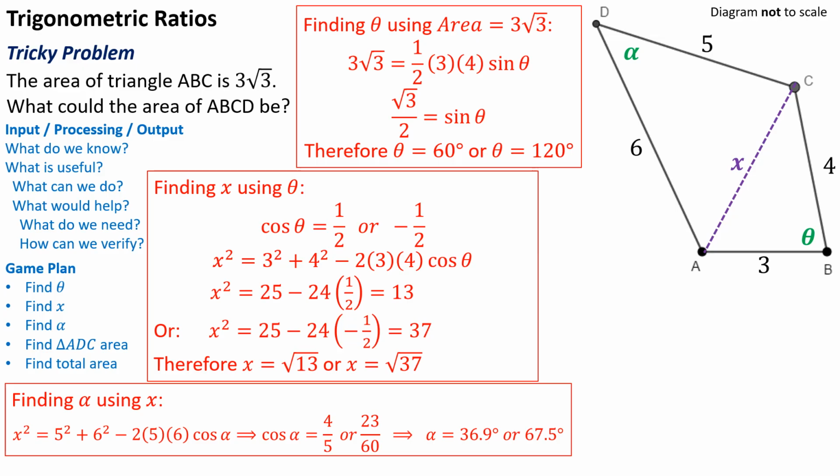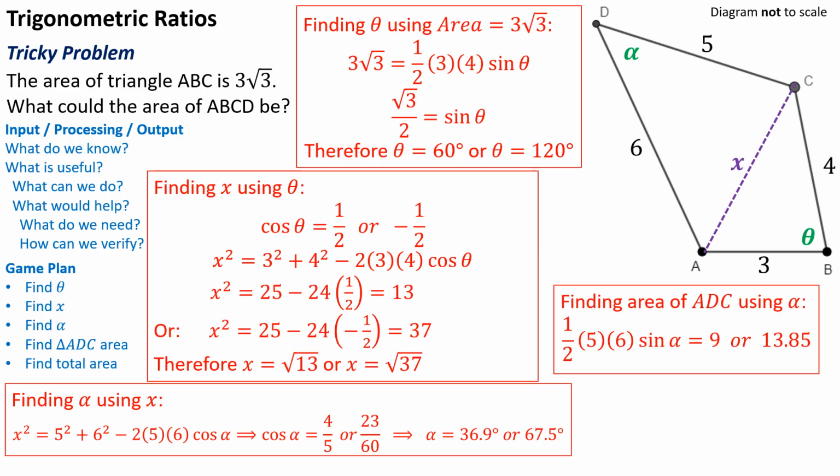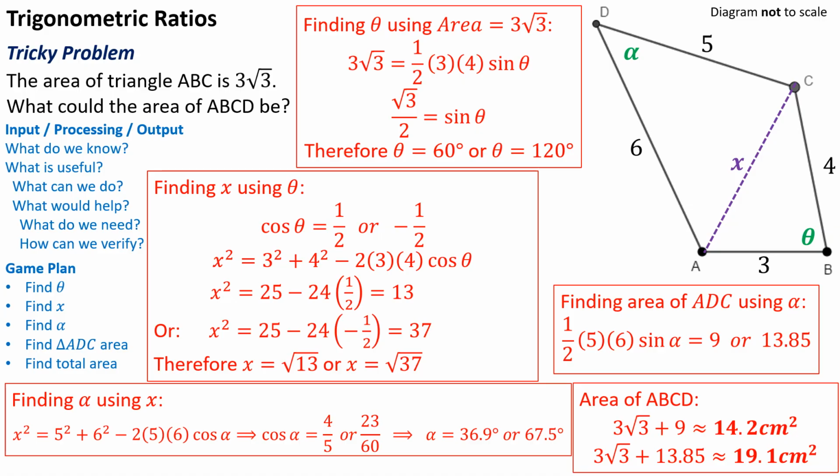And the next step will be finding the area of ADC. Half AB sine C will do this for me. And remember, because I've got two possible values for alpha, I'll have two possible answers for the area. And one of them is a bit smaller than the other one. And that will give me two different numbers that I can calculate for the total area of the entire quadrilateral ABCD.